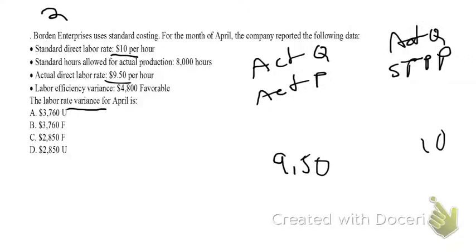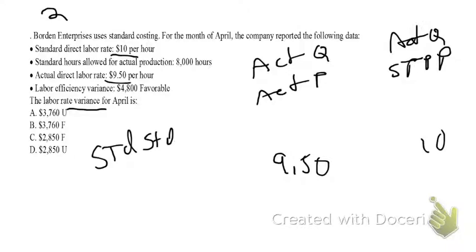So I need to find out, in this case, what the labor rate variance is. But notice they didn't tell me the actual quantity hours worked, so I've got to back into that. In order to back into that, I'm going to have to use the standard quantity and standard price.